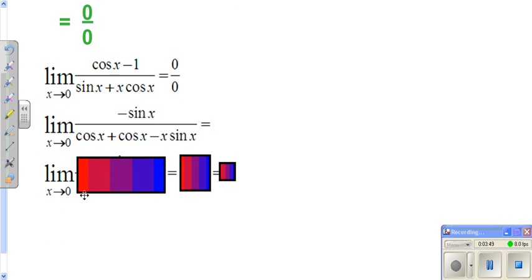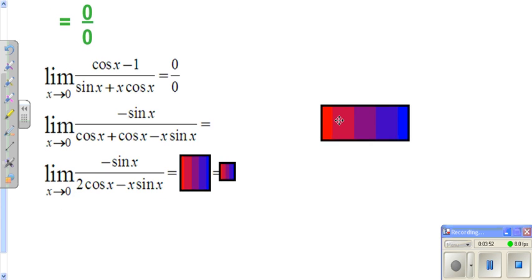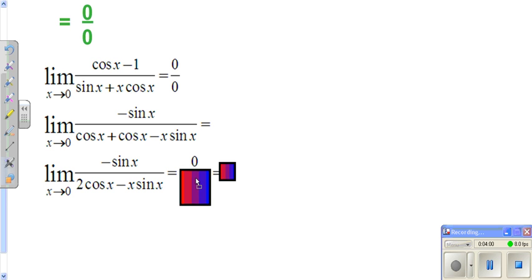So we end up then with a couple of cosines on the bottom. Your cosine plus cosine is your 2 cosine. Now we could try plugging in 0. Sine of 0 is 0. Cosine of 0 is 1 times 2 is 2. Minus, and then you're going to get 0. So you get 2 minus 0 on the bottom. 0 over 2 is 0.